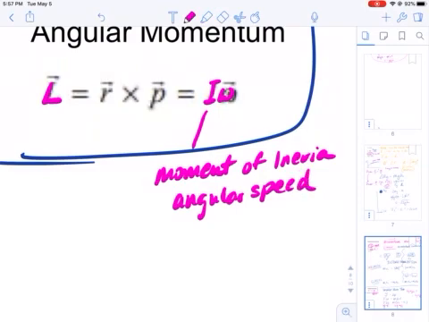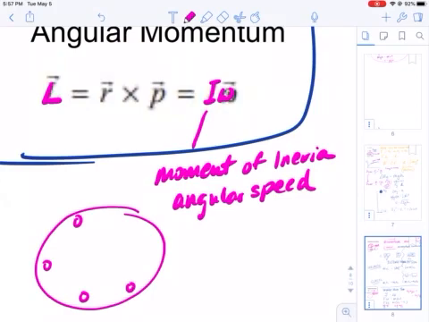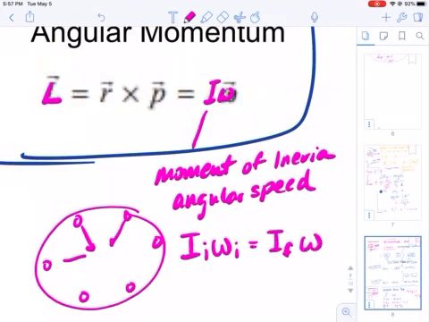Their moment of inertia goes down because they're getting closer to the center. If their moment of inertia goes down, then they speed up. The merry-go-round sped up when the kids pulled themselves toward the center. And you can see figure skaters do that. They pull their arms in and they speed up. So that's a really helpful type of thing.